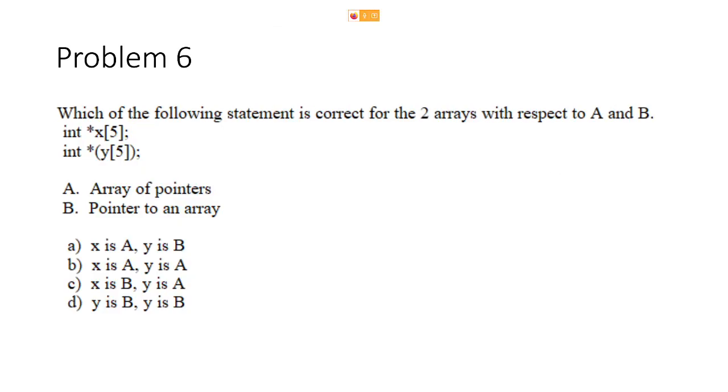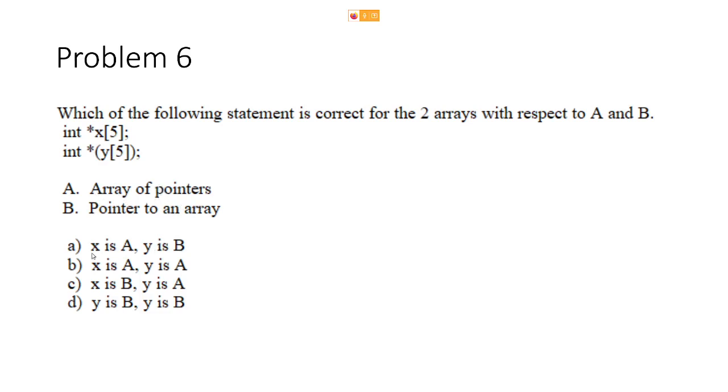Okay, which of the following statements is correct for the two arrays with respect to A and B? So A and B are your two arrays. Array A is an array of pointers, and array B is a pointer to an array. You are given these two declarations of X and Y, and you are asked whether X is an array of pointers or a pointer to an array, and the same for Y. You have four options, where the first option says X is an array of pointers, Y is a pointer to an array.